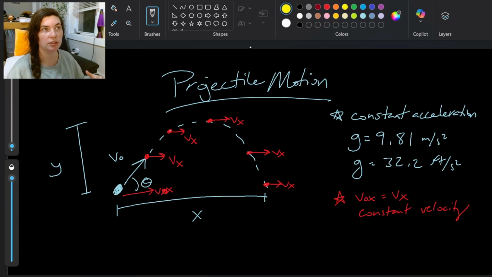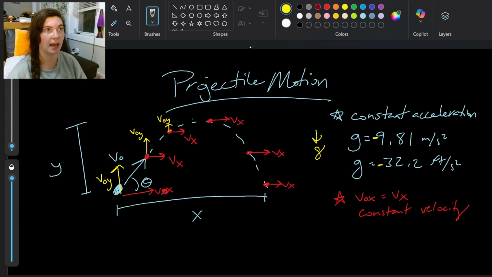Now this is a little bit different for our y direction. Because we're subjected to that gravity always acting downward, right? Our g is going to act downwards, so you'll often see these with negative signs in front of them to represent that our gravity acts downwards. So I have some starting velocity in the y direction, and then this velocity gets smaller and smaller as I approach the apex of my curve here.